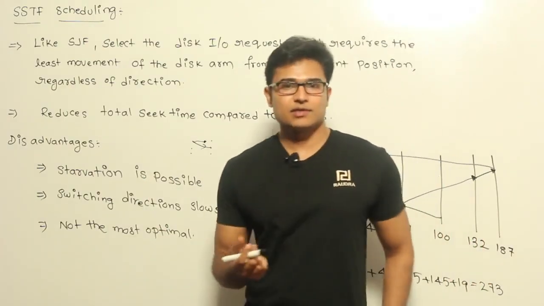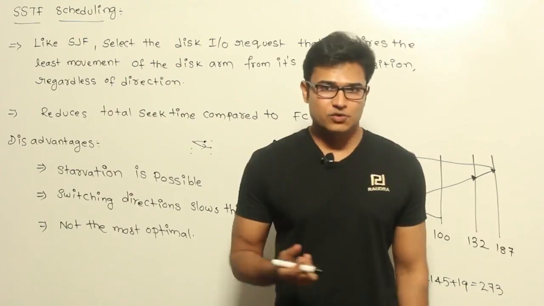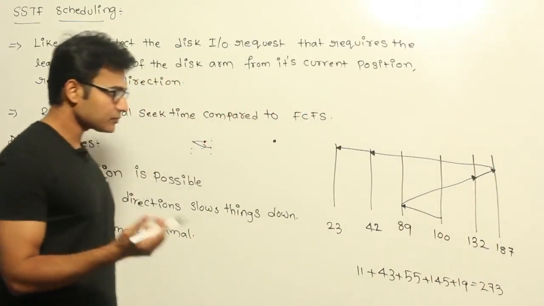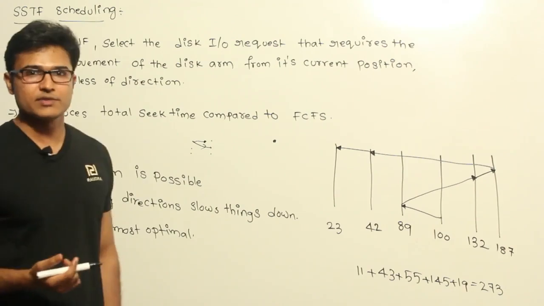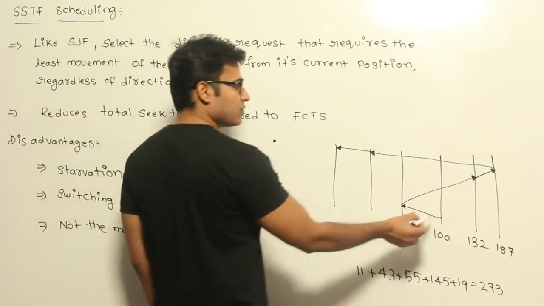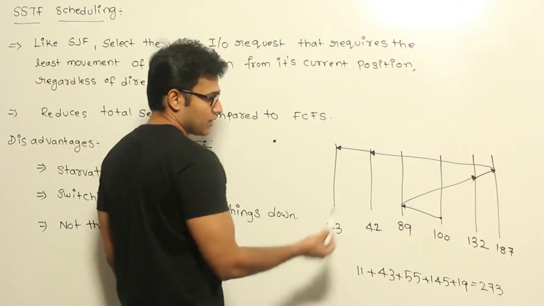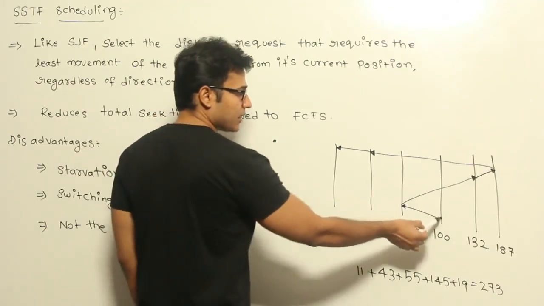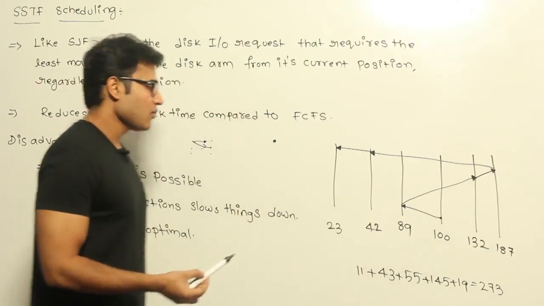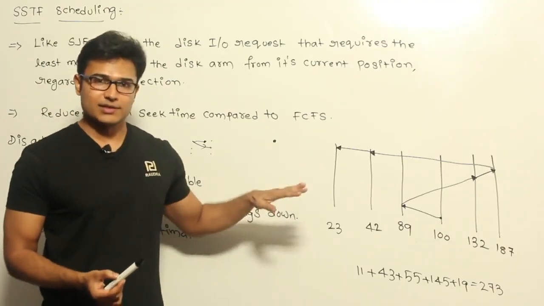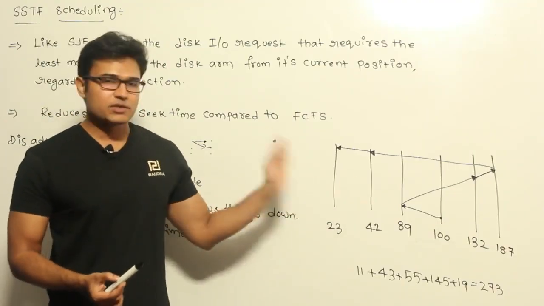So we shall take the same example which we have solved for FCFS, and I'll show you why it is giving you better performance. In the FCFS example we started with cylinder number 100, and the next one we served was 23. Now here, irrespective of the order in which I get the requests, I'll just try to go to the closest one first.